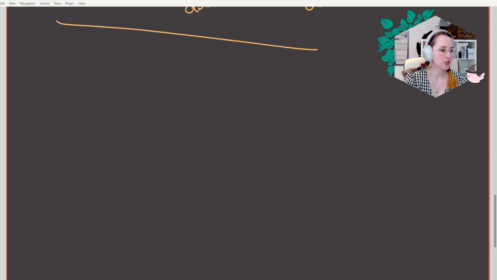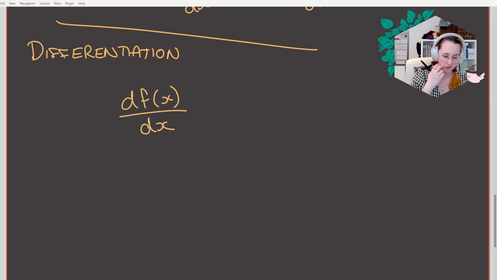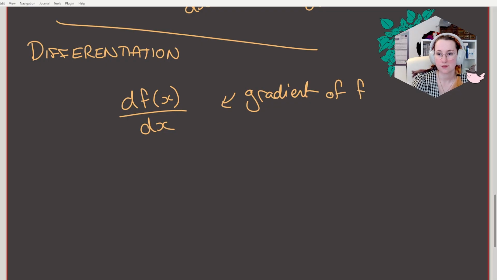Okay, so just doing more of an aside. If we have something that is df of x dx, as a reminder, this value is the gradient of your function.